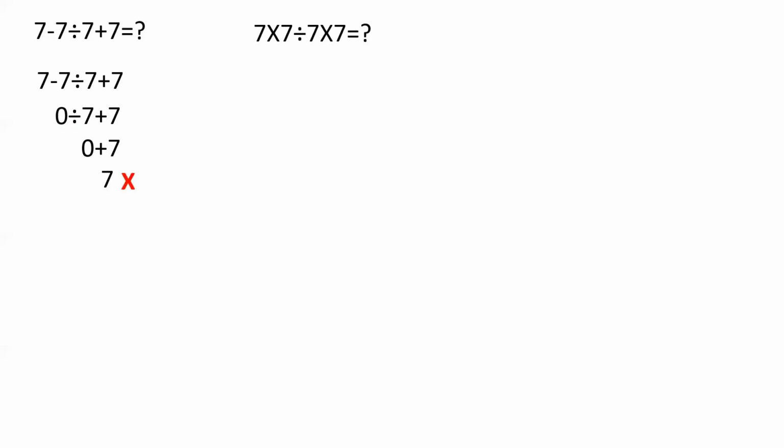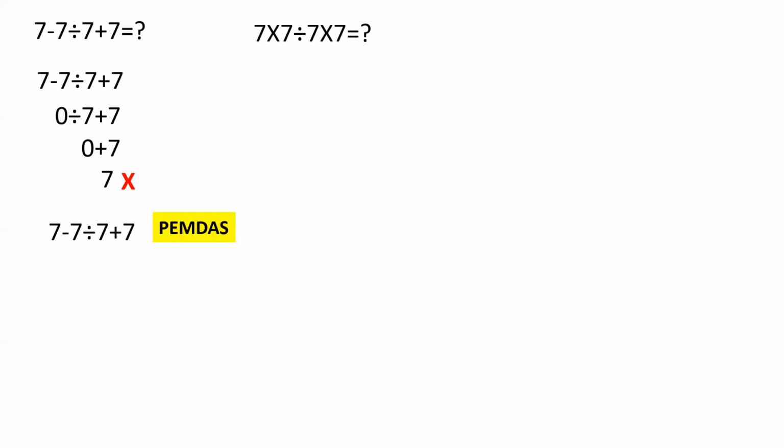So what's going on here? What would be the correct way to approach it? Well, let's look at the expression again. There is a rule which we have been taught, I think maybe in the first grade or the second grade, and it's called PEMDAS, and in some countries it might be referred to as BODMAS.